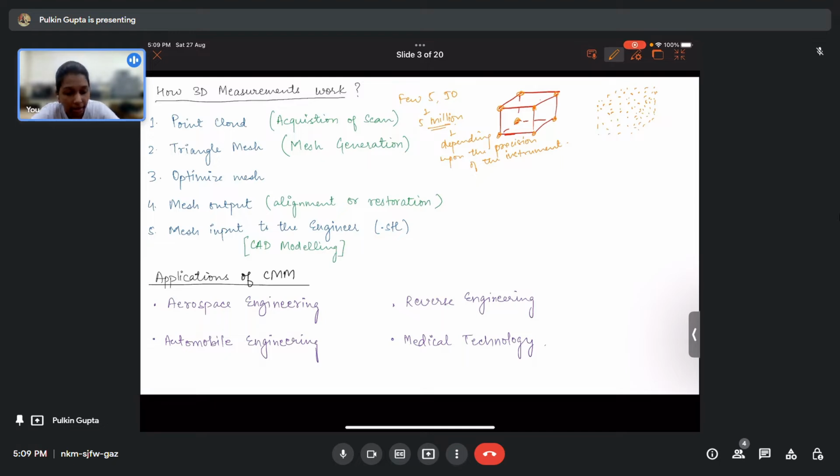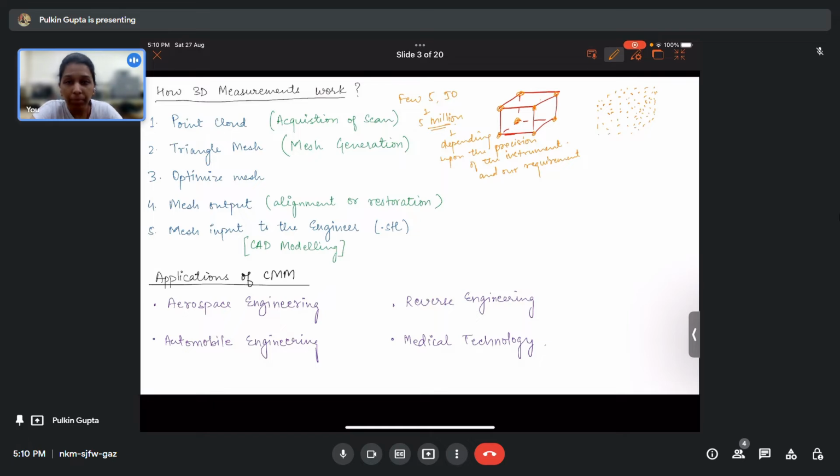Or it can have 50, 500, 5,000, 5 lakhs or 5 million data points, any amount depending on the precision of the instrument and our requirement. Usually complex geometries contain a whole lot of data, pertaining to some millions or billions.